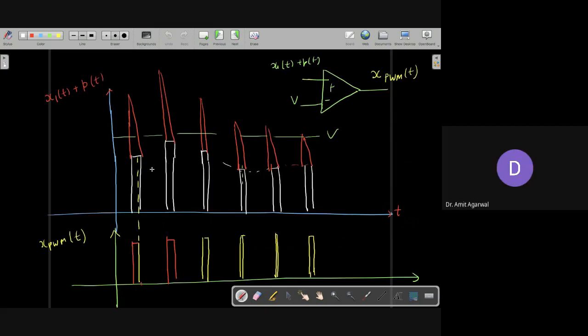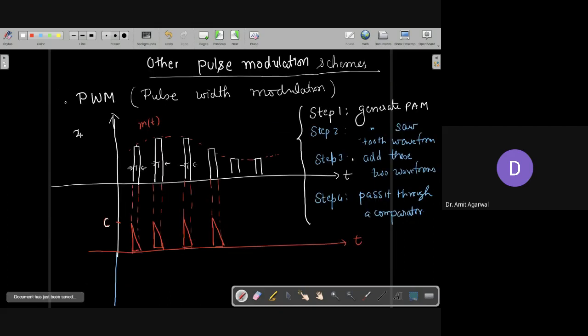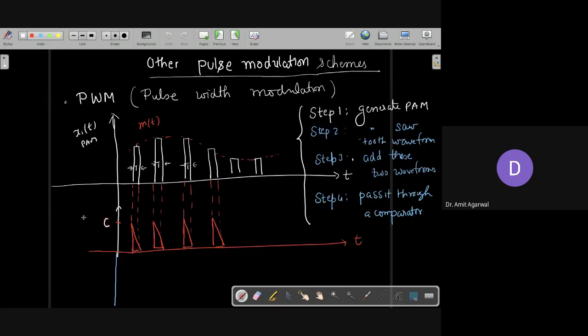After adding your signal, if this is your xPAM(t), and if this is the sawtooth, ठीक है ना, so xsaw(t).